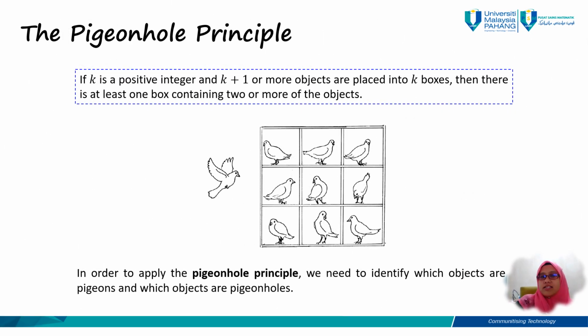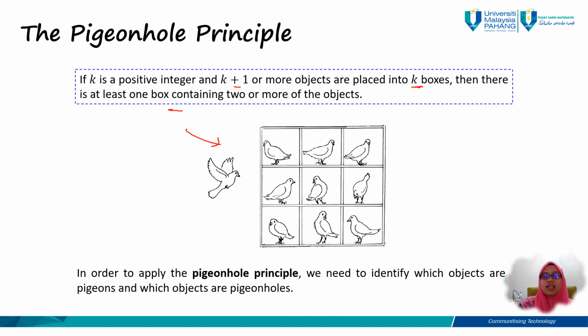Alright, so what is the pigeonhole principle? If k is a positive integer and k plus 1 or more objects are placed into k boxes, then there is at least one box containing 2 or more of the objects. So this is the example, where we only have 9 boxes, 9 pigeonholes, but we have 10 pigeons.